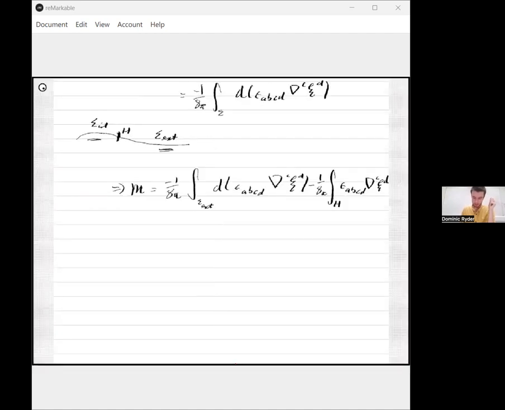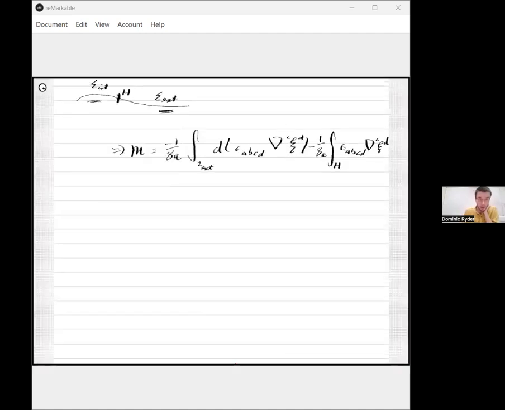Let's treat the first term. Writing the exterior derivative explicitly, which, using the same result as before.